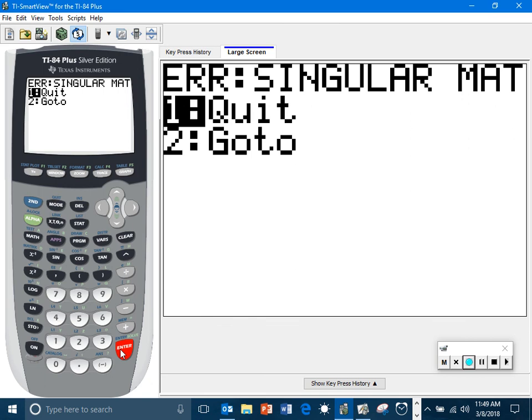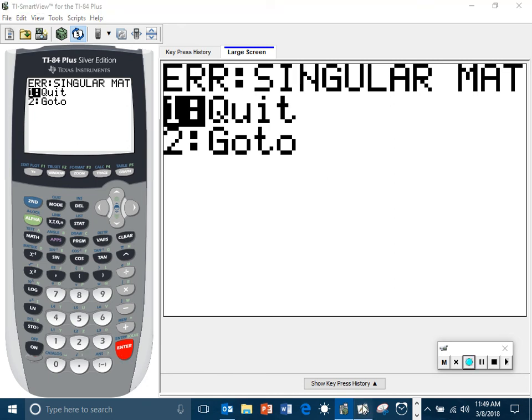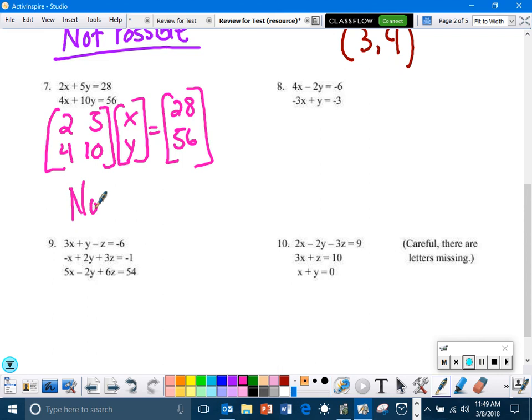All right, I got another error message. Now I know I typed them in right. Okay, so this is another one that's not possible. That means the lines do not cross at one spot, is what that means. Okay, next one.